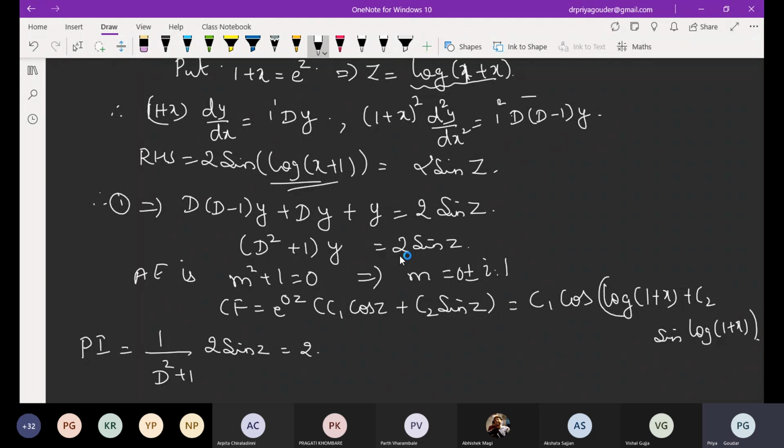The 2 constant we can take out. This belongs to which case? Sine z. Second case. Okay. What do we do there? We replace D square by the coefficient, minus 1. If I replace it, what happens? The denominator becomes 0.